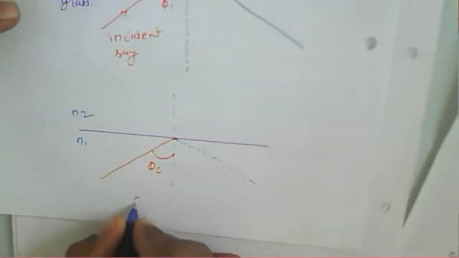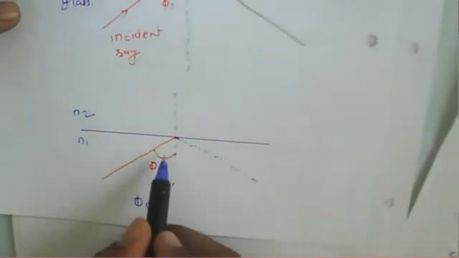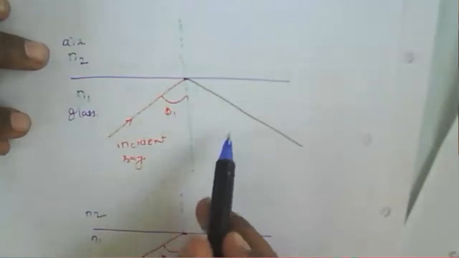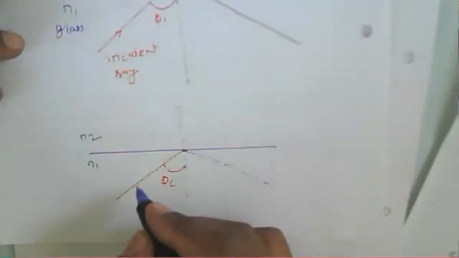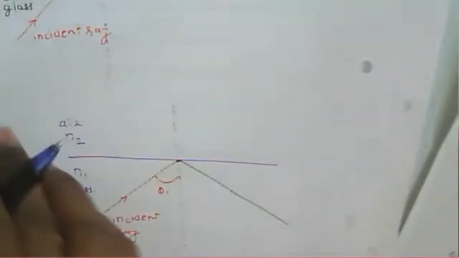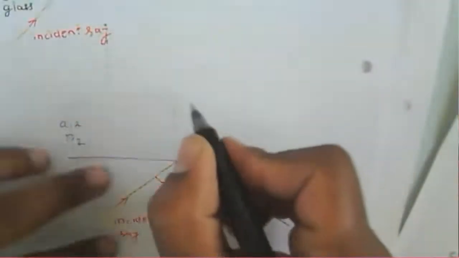Here is the critical condition, your phi c. If phi is greater than phi c, then it will be reflected. If phi is smaller, then it will be refracted.